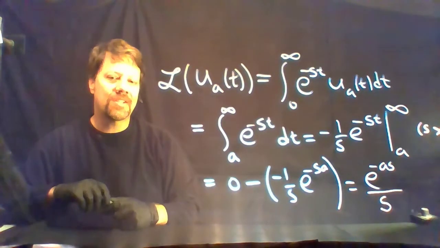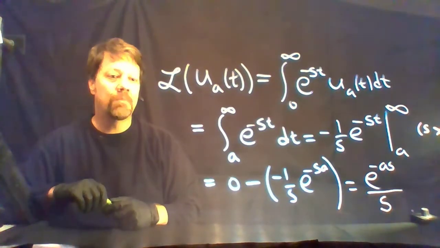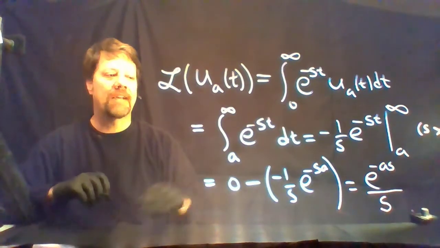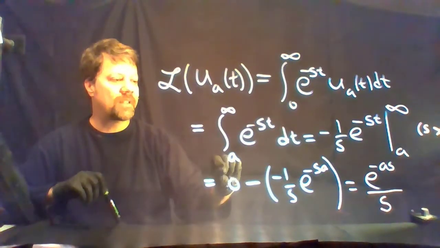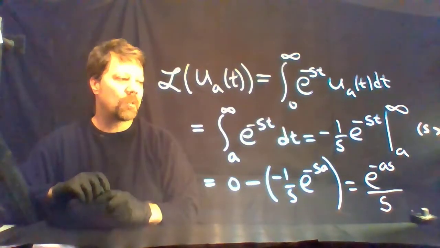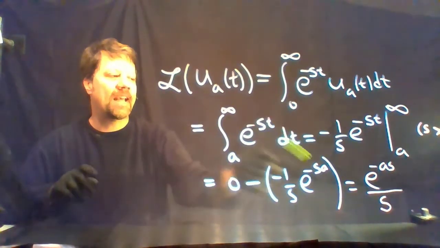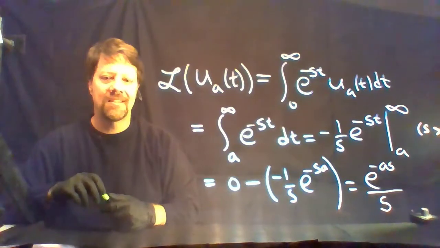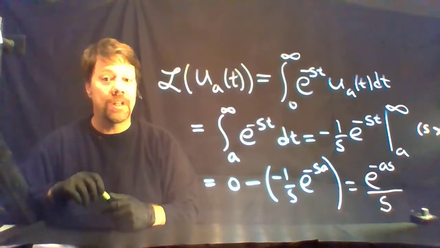So this is consistent with prior results, but a generalization of it, allowing for the function to be 0 until you get to a, and then 1 thereafter. The Laplace transform of the unit step function at a is e to the minus as divided by s. You need to remember that.